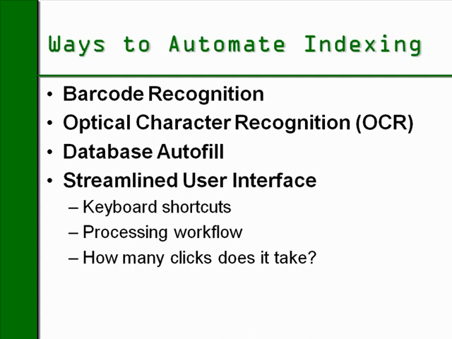Database autofill is the process where you look up a key field that is either manually indexed or OCR'd or recognized from a barcode, but that key field is used to find other information that's related to it.